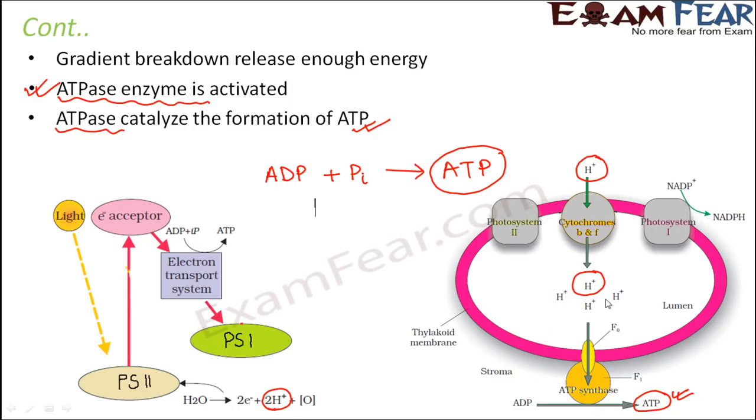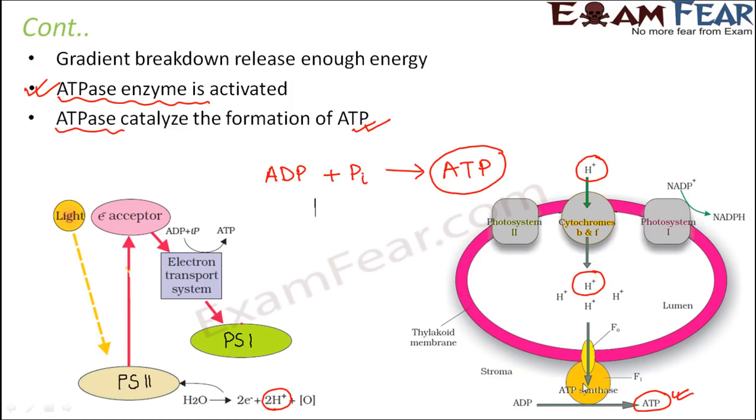When a proton gradient is created, the protons like to move from a region of higher concentration towards a region of lower concentration. That is, they want to move from the thylakoid space to the stroma. For that, they need a facilitator, a protein structure that will help them pass through the thylakoid membrane. That is facilitated by the ATPase enzyme, which gets activated because of this gradient.